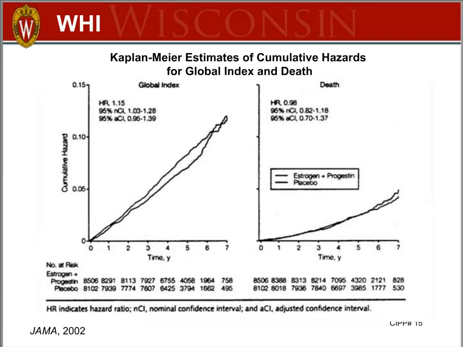If we look at the global index, which was putting all these pieces together, we see a 15% increase in the risk in the HRT arm, with a hazard ratio of 1.15. Interestingly enough, despite this increase in risk over the 7 years of follow-up, the risk of death is about the same in either arm, whether you're on estrogen placebo, or estrogen progestin, or the placebo arm.